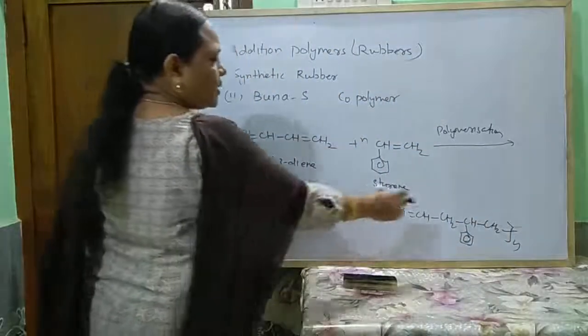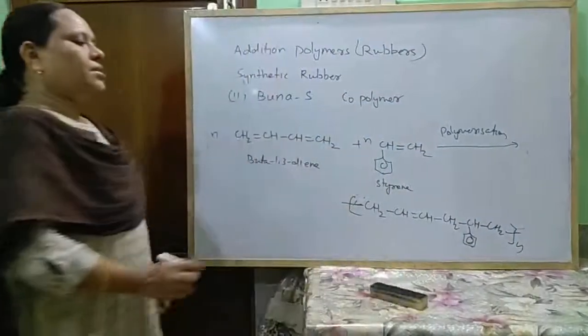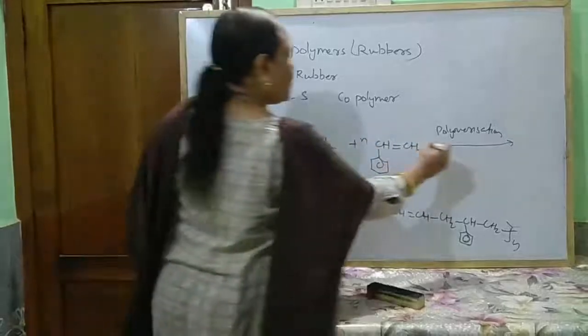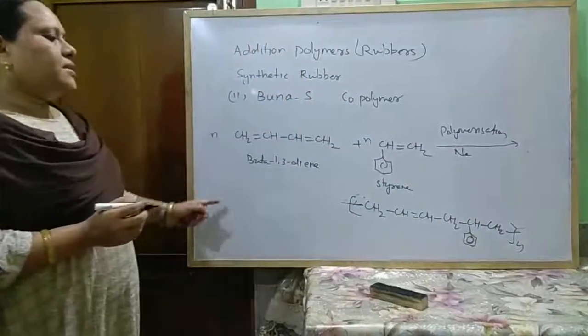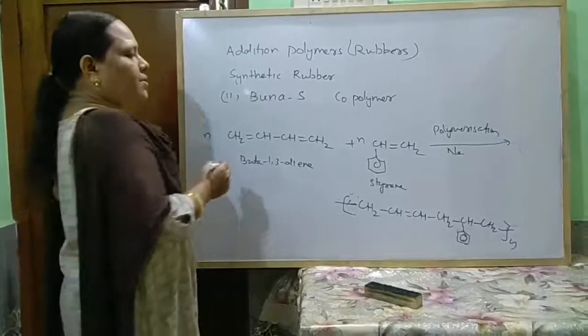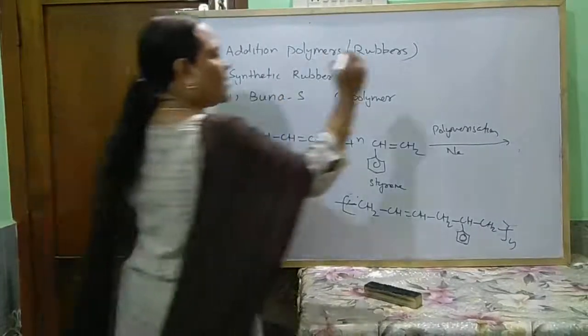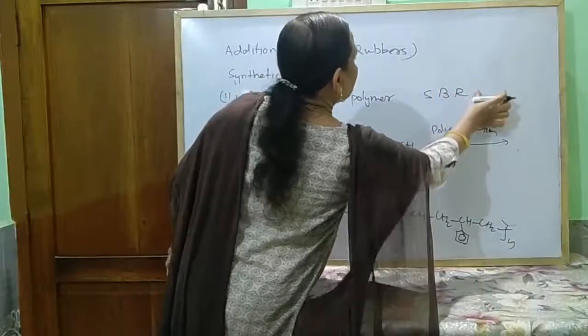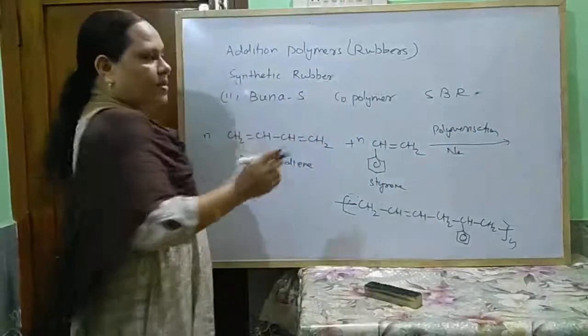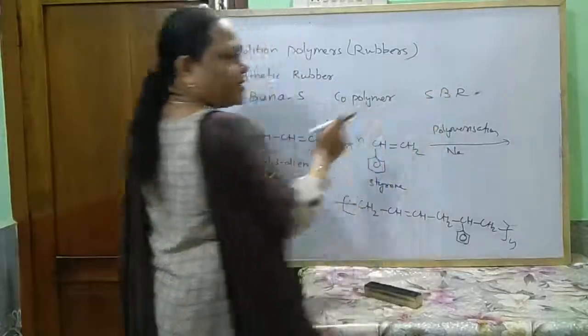So this is the repeating unit. This is known as Buna S, and this reaction takes place in the presence of traces of sodium. That's why this is known as Buna S, also known as SBR, styrene butadiene rubber.